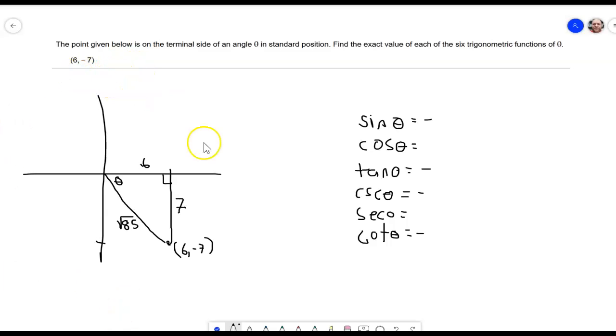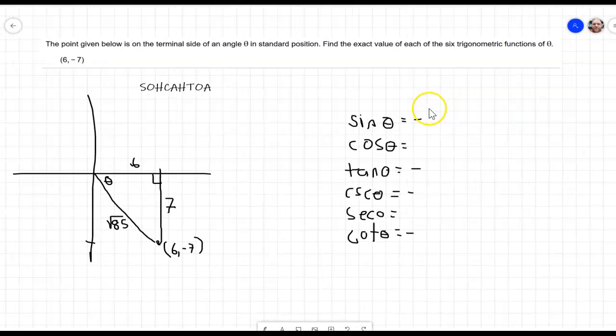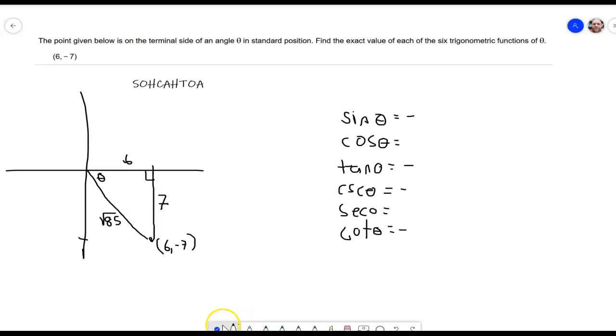I'm going to go ahead and write my SOHCAHTOA down. That way, less chance of making a dumb error there, right? SOHCAHTOA. And just go through them. All right, so it's all 6 trigonometric functions. So the sine, starting with that, that's opposite over hypotenuse.